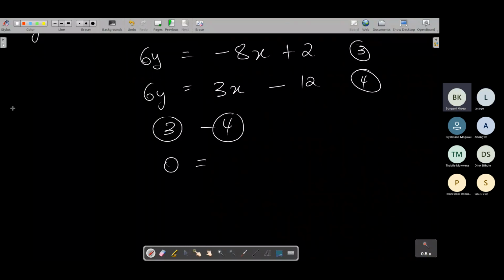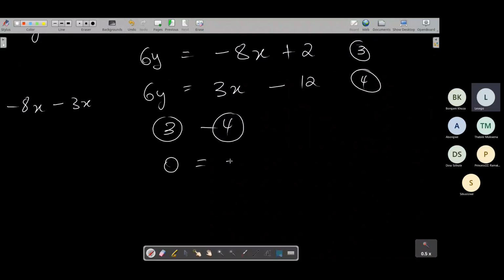And then you're having minus 8x minus 3x. Minus 11x, right. And then we're having 2 minus 12. 2 minus minus 12, actually. Plus 14.